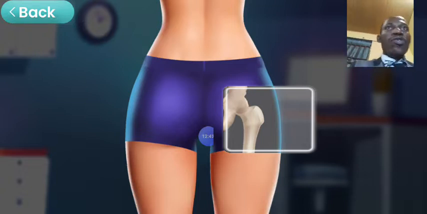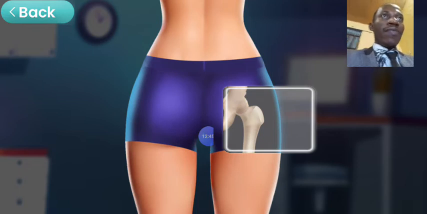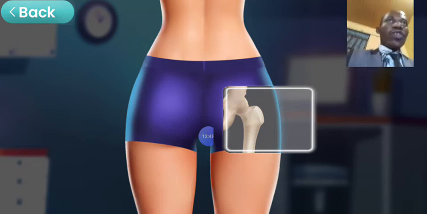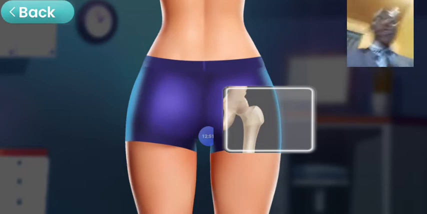Now, the hinge joint. The hinge joint is found at the knees and in the fingers and toes. Such a joint allows movement in one direction.